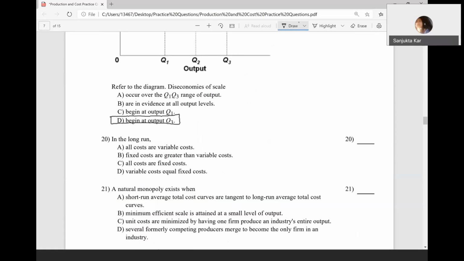Question number 20. Long run, we have lots of choices, and all costs are variable costs, unlike the short run. In the short run, only the cost of labor is variable, everything else is fixed.